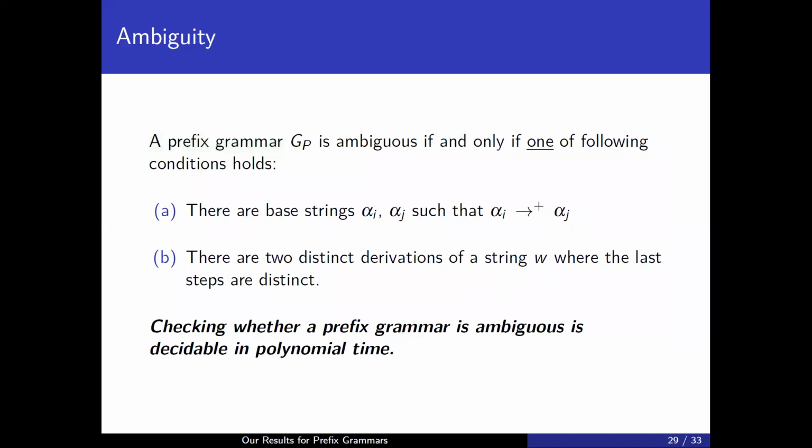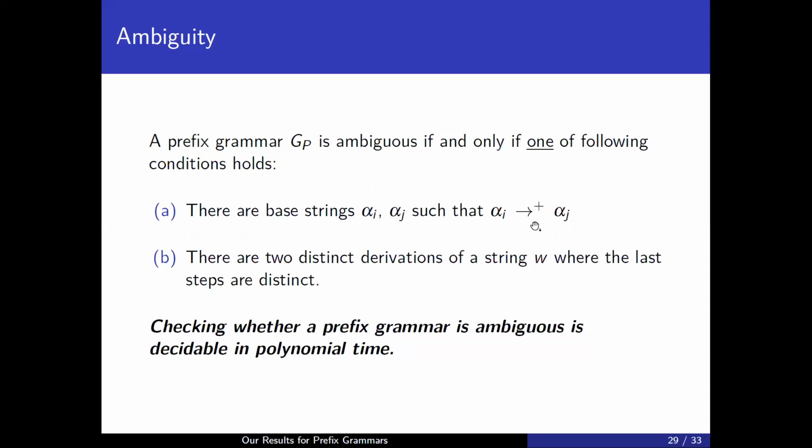We also have this alternate definition of ambiguity, where if one of the following conditions holds, then we know that the prefix grammar is ambiguous. So here, this first part A is saying that we have one base string that can produce another base string.